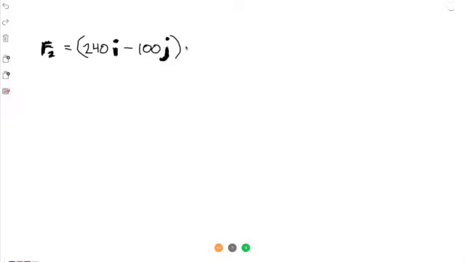And let's enclose that and write the unit. Our task is just to express each vector in its Cartesian vector form.